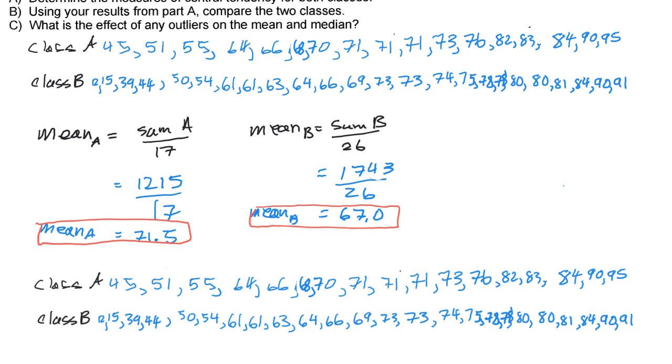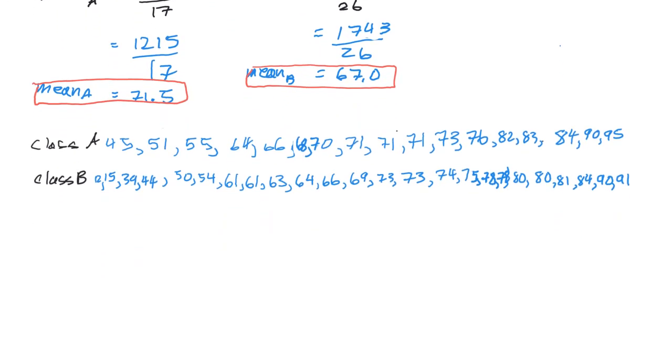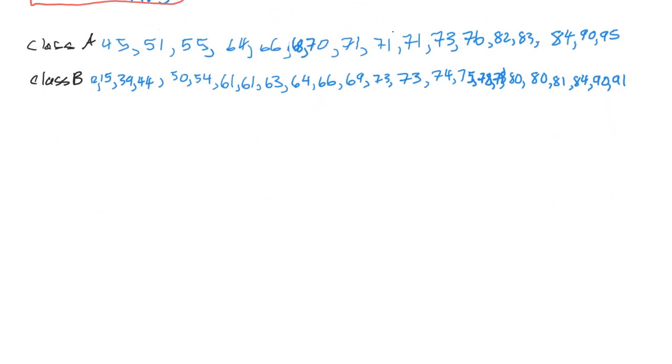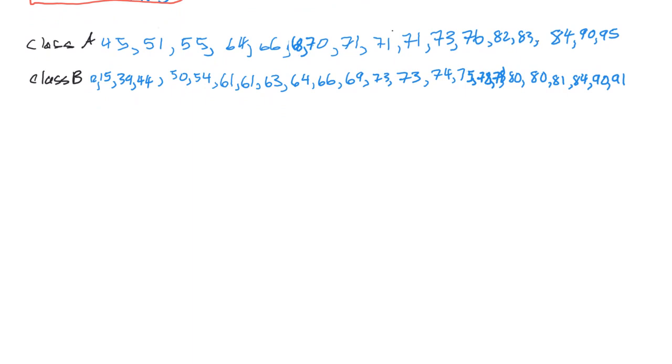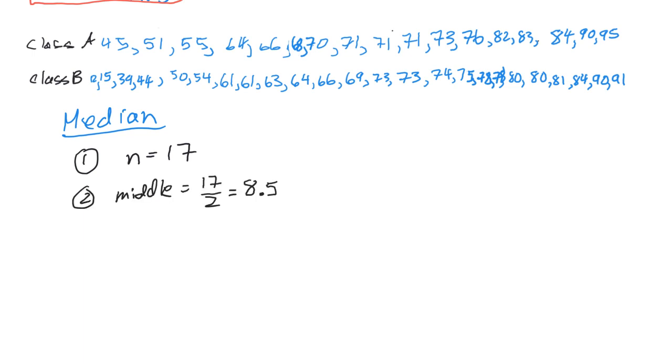What we'll do is calculate our median for class A, and then you will do the same for class B. So for the median, you need to remember that n is 17. In order to find the middle, we need to take n and divide by 2. So in this case, our middle is 8.5. Now, the middle point is 8.5. What you need to do is round to 9.